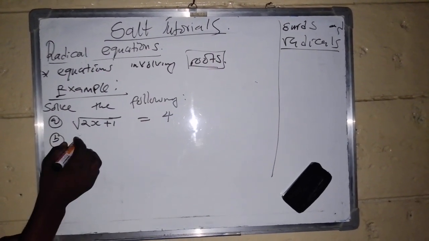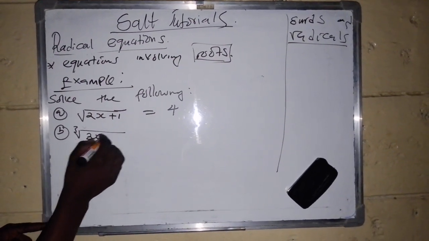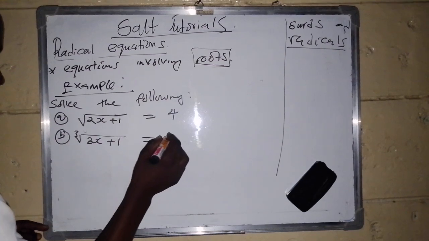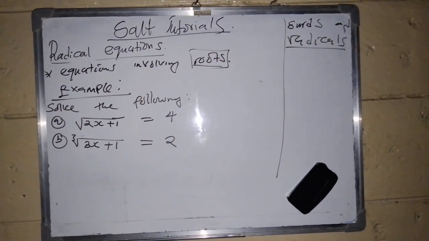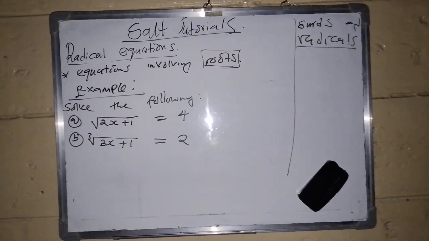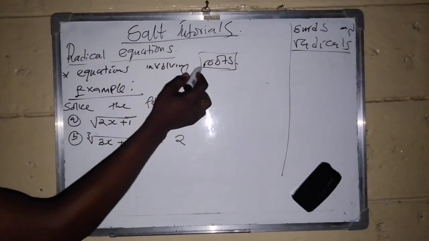B: the cube root of 3x plus 1 is equal to 2. So solve these two equations. What are we looking at? We're looking at radical equations, or equations which involve roots.